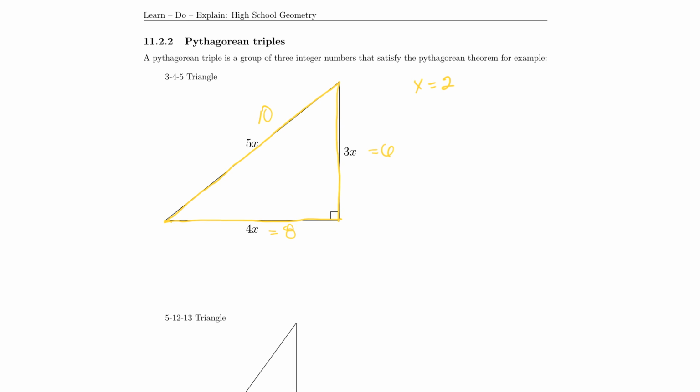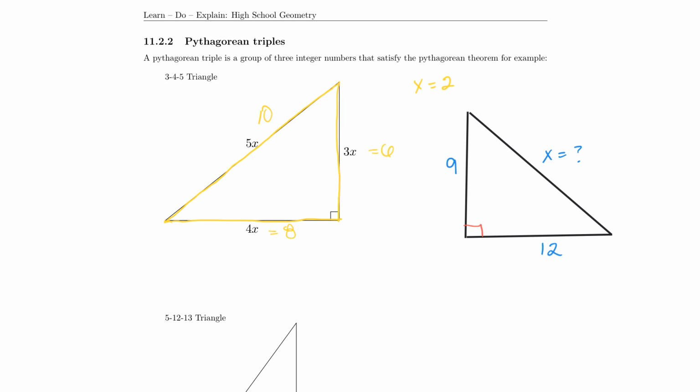Again, for example, if we have a triangle that looks like this, where we have the right angle right here, and we say that this side is 12, this side is 9, and now we are asked to calculate the length of the hypotenuse. So what is the hypotenuse?